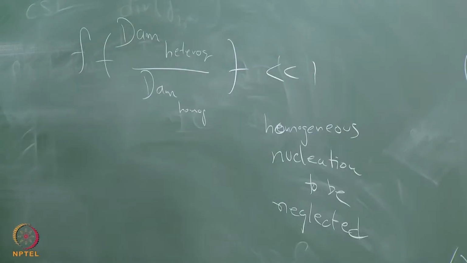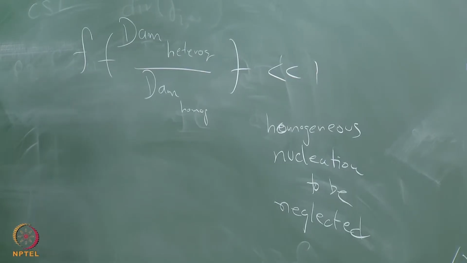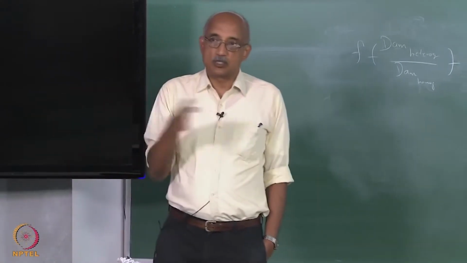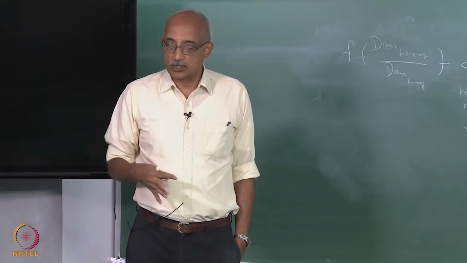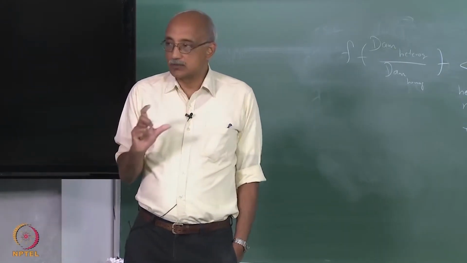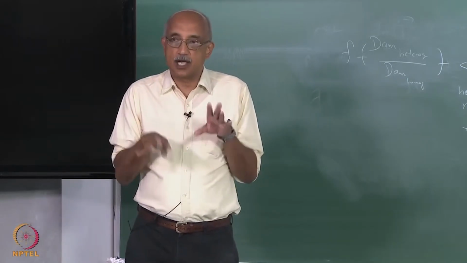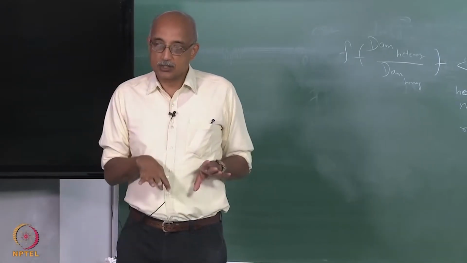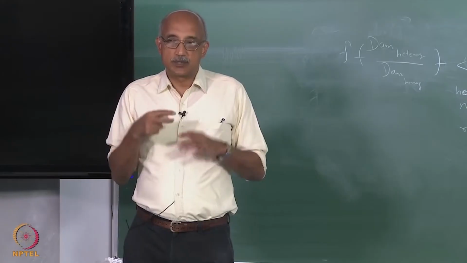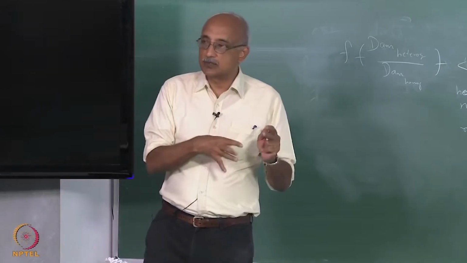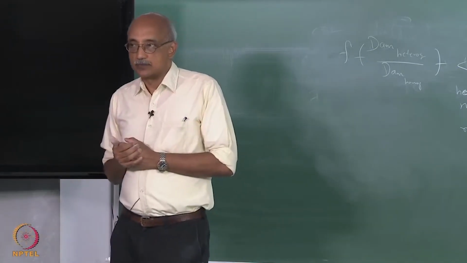So, here again, from a design viewpoint, you have a lot of parameters you can control. By choosing appropriate surface temperatures, you can choose which regime of deposition you want to operate in, region 1, region 2 or region 3. And also, when you are in region 3, by suitably designing your system to have certain desired ratios of the Damköhler number for the homogeneous reaction versus the Damköhler number for the heterogeneous reaction, you can further control what percentage of your feed material you want to go into homogeneous nucleation versus heterogeneous nucleation.